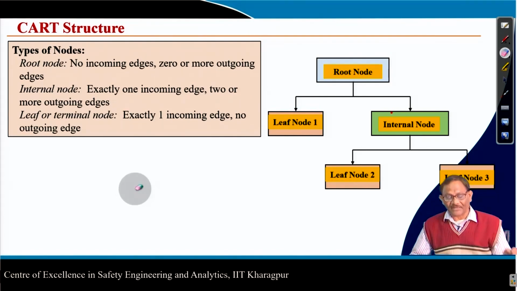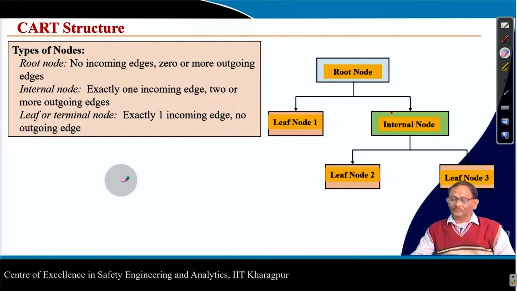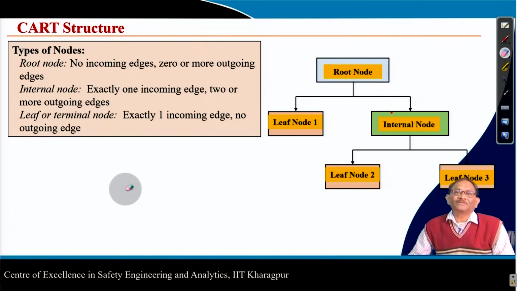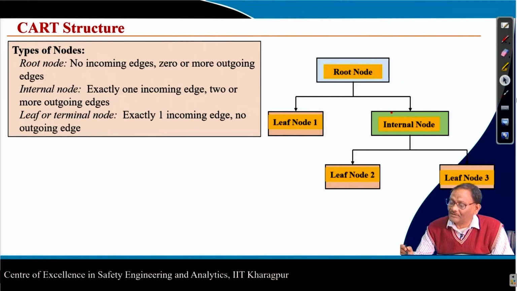That is why it is binary partitioning, and it will continue the branching or splitting so long as some termination condition is not achieved. The termination condition we will discuss a little later. Considering this binary splitting starting from the root node, there are three kinds of nodes you will see in a CART or classification tree. So, what are those three types of nodes?